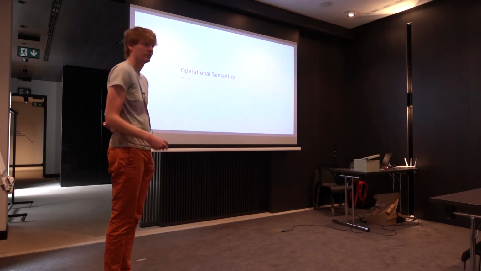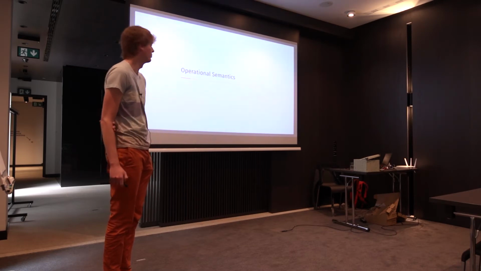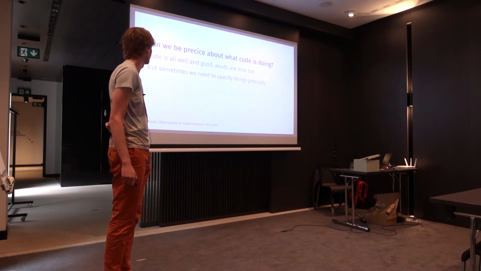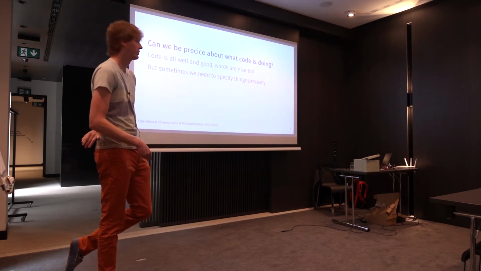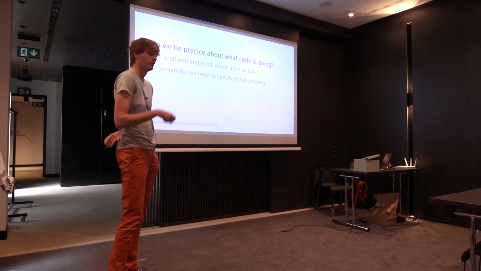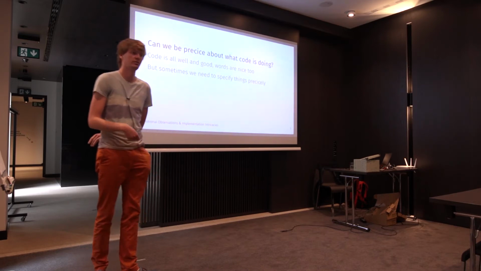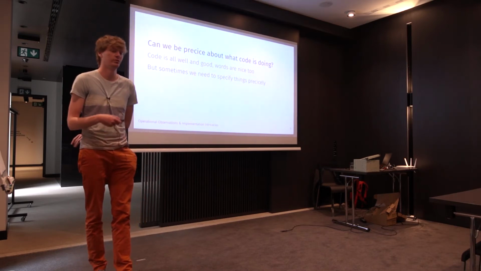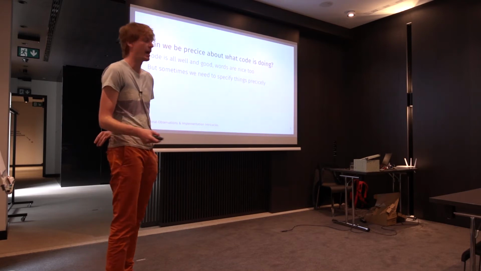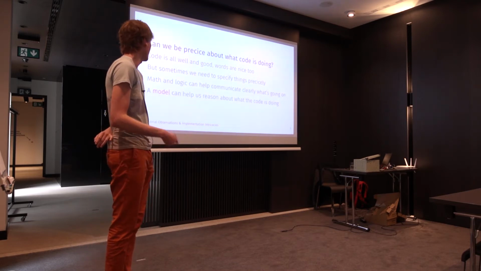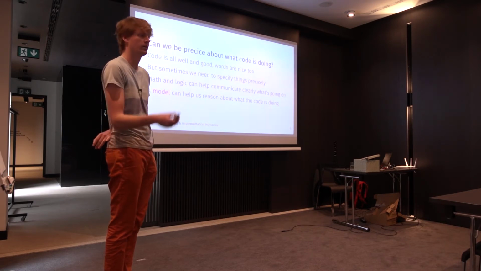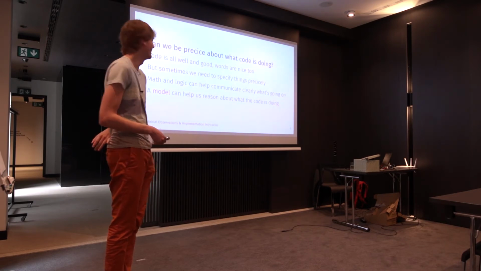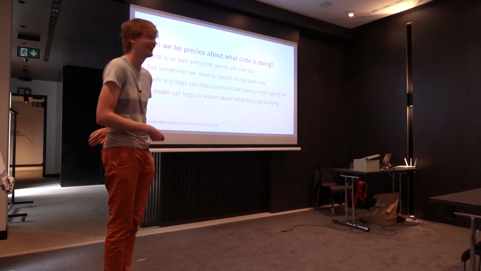So, operational semantics of STM. Code is very nice and words are good, but sometimes we need to specify things precisely in order to get an idea of what is happening. And math and logic can help communicate clearly what's going on, depending on what your definition of clearly is.